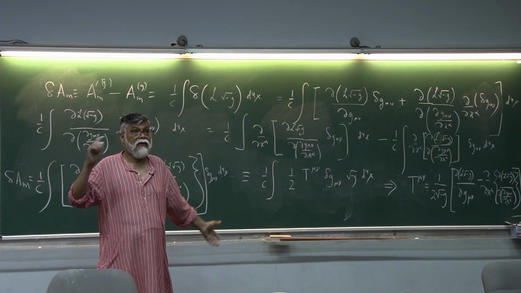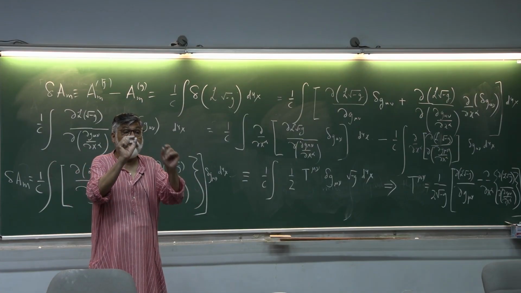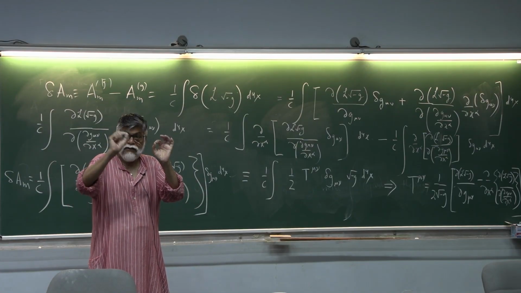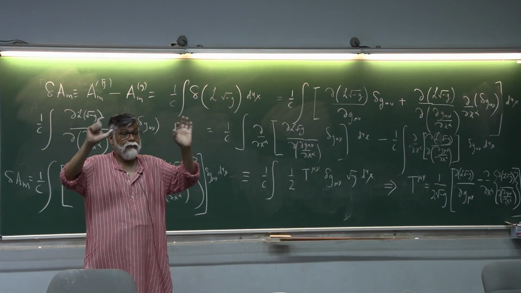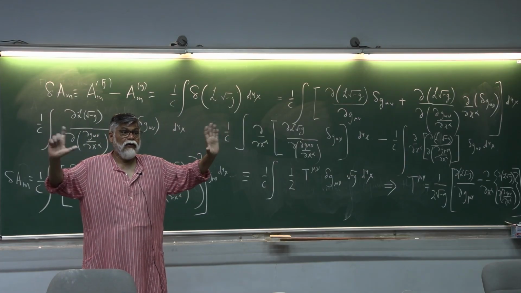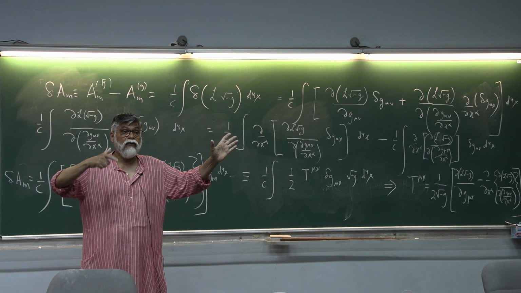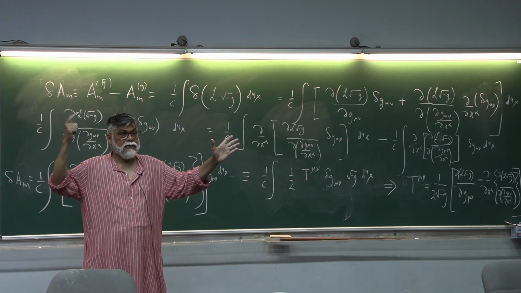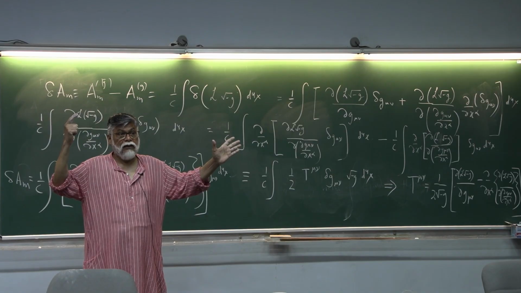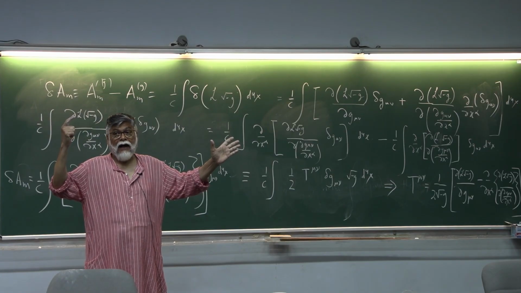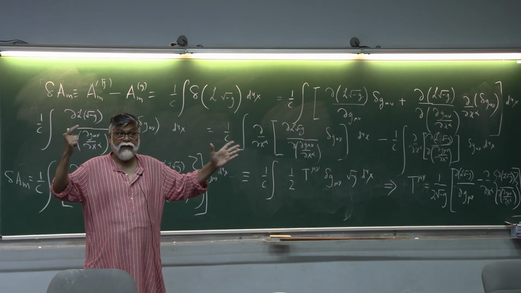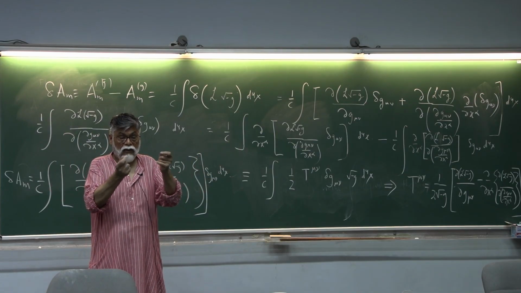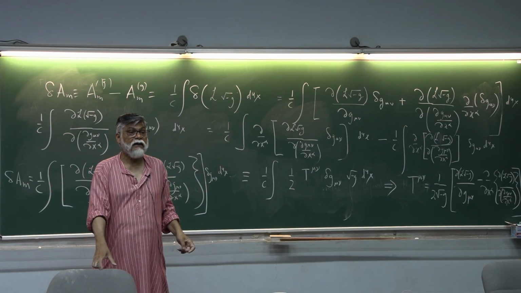But we are varying with respect to it, which means... No, I am varying with respect to change of metric. But whether the metric has any physical significance, I don't know. I better put in a metric because I have chosen an arbitrary curvilinear coordinate system. If I choose an arbitrary curvilinear coordinate system, I need a metric to tell me what the invariant proper distances are.